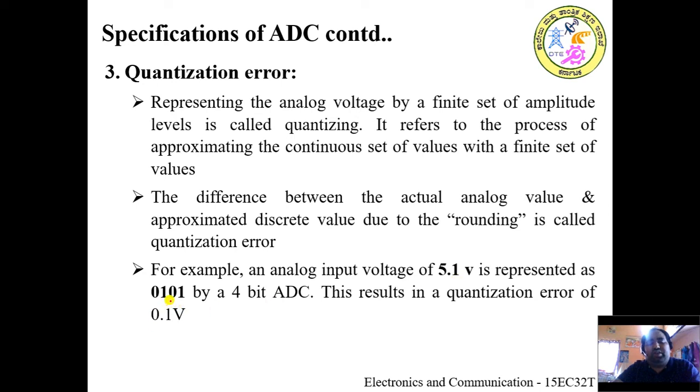As we know, 0101 is the binary value whose decimal equivalent is 5. 5.1 minus 5 gives a result of 0.1. This 0.1 is known as the quantization error. So here we have rounded the value to 5 and we are subtracting this 5 from the input voltage 5.1. It results in 0.1 volt, which is called quantization error.